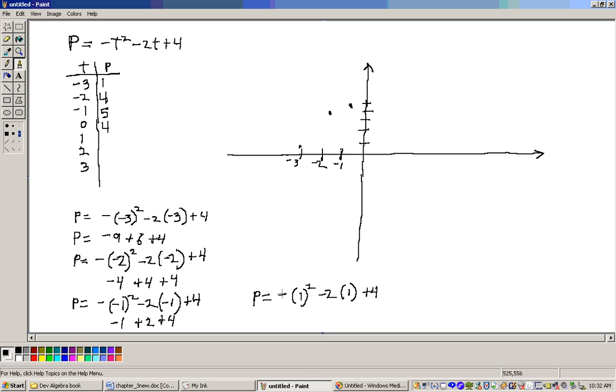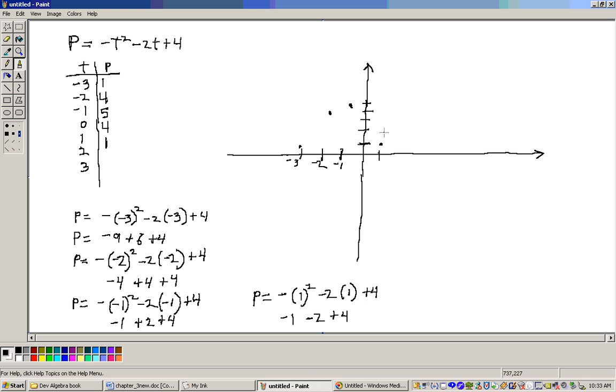And so 1 squared is 1, opposite is negative 1. This is minus 2 plus 4. And working that out, that's minus 3 plus 4, which is 1. So there's a point over here at 1, 1. That's 1 on the x-axis and 1 on the y-axis right there.